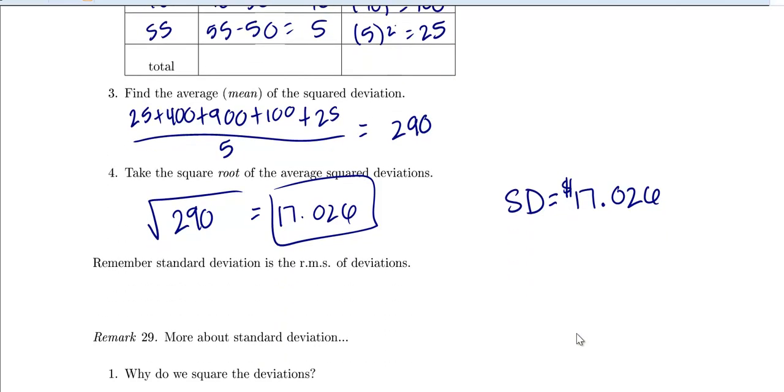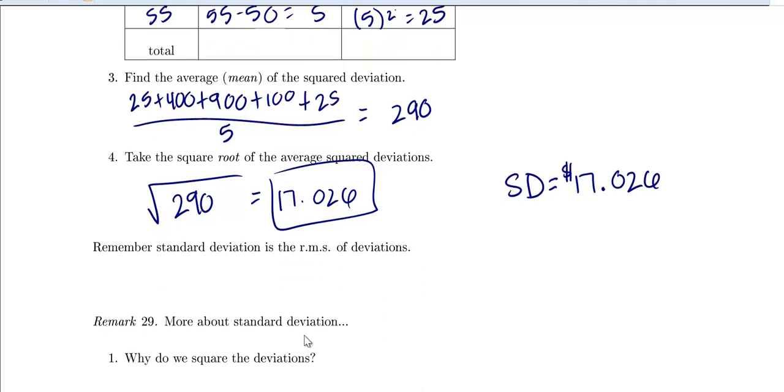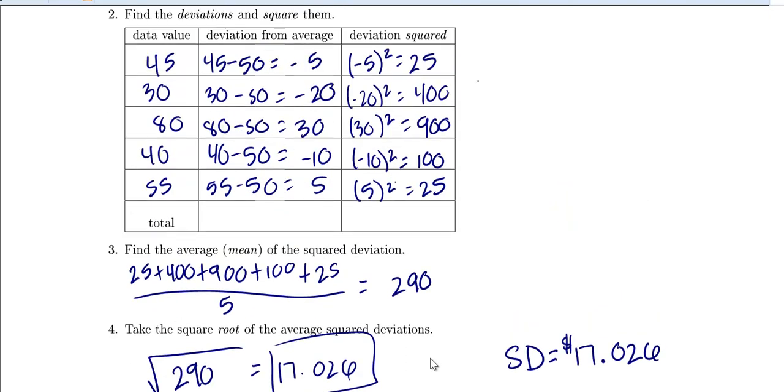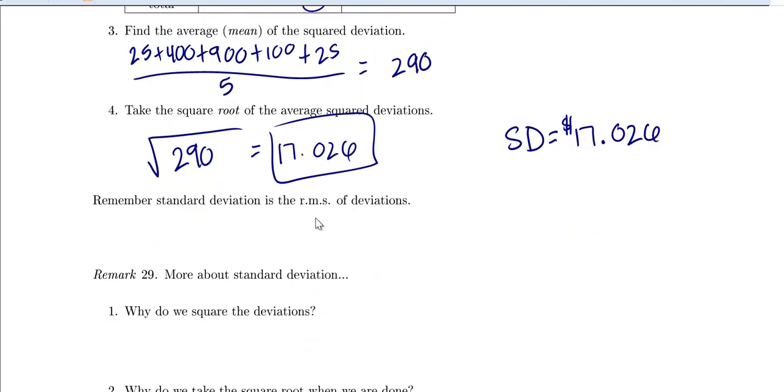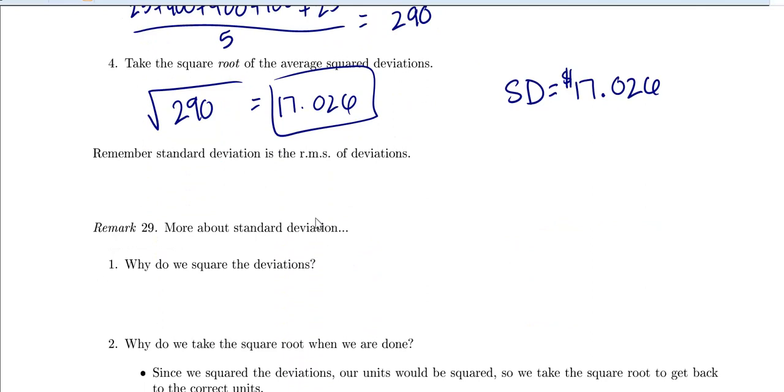So a few thoughts about this. Okay, why did we square the deviations? Well, if you come back up and look at the deviations, and I add these up, so negative 5 plus negative 20, that's negative 25, plus 30 is 5, minus 10 is negative 5, plus 5 is 0. So if I add up all the deviations, I get 0. And it turns out that that happens every single time. When you add up all the deviations, the positives and negatives cancel each other out. And that's boring if you just get 0 every time.